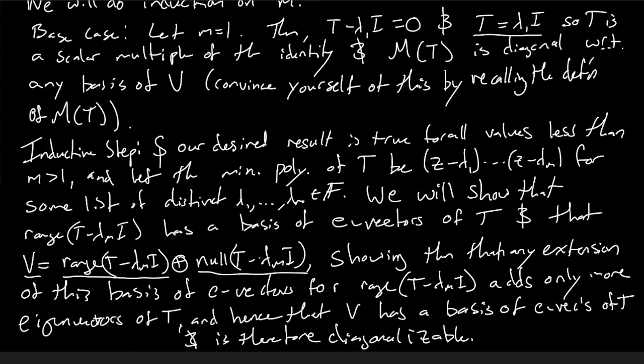Every non-zero vector in this null space is an eigenvector of T with eigenvalue lambda m. So if I extend this basis of eigenvectors to a basis of V, it remains a basis of eigenvectors, because everything I added was necessarily a non-zero vector belonging to an eigenspace of T. Oh, sweet. So let's keep it going and show this.